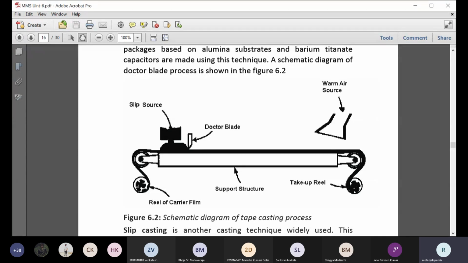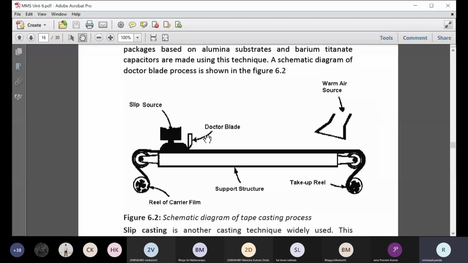And after it is spread over the conveyor belt, there is an air blow which makes sure that the material passing through it is completely cooled down. Okay, this is how the process of tape casting occurs.